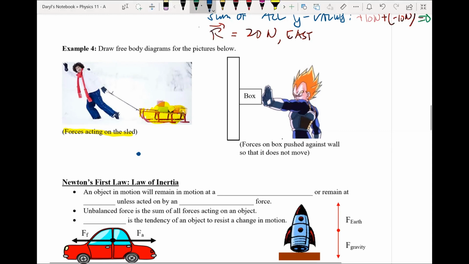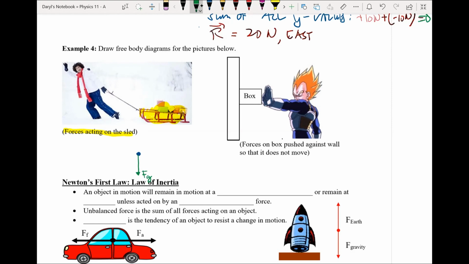In this case, just like before, you always have your Fg, and it's always downward.